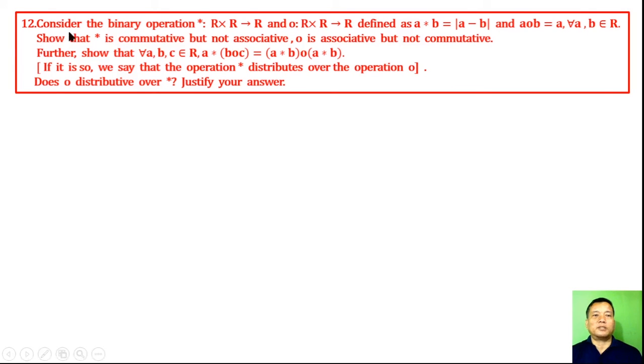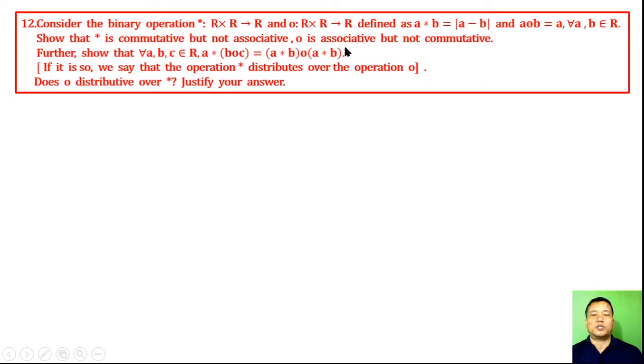Question number 12. Consider the binary operations asterisk from R cross R to R and O from R cross R to R, defined as A asterisk B equal to modulus of A minus B and A O B equal to A for all A, B belongs to R, so that asterisk is commutative but not associative, and O is associative but not commutative.